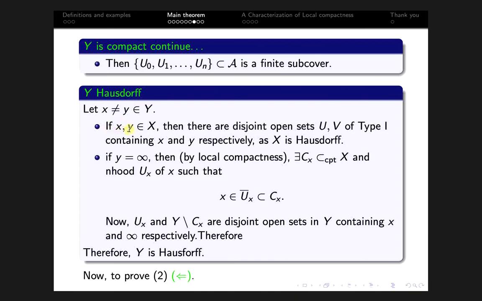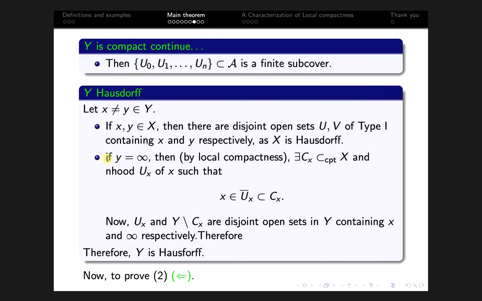If x and y both are in the subspace X, then we have two disjoint open sets U and V of type 1 containing x and y respectively, and they are disjoint because X is Hausdorff. So if x, y are in the subspace X, then we can find two disjoint open subsets of type 1 containing x and y.